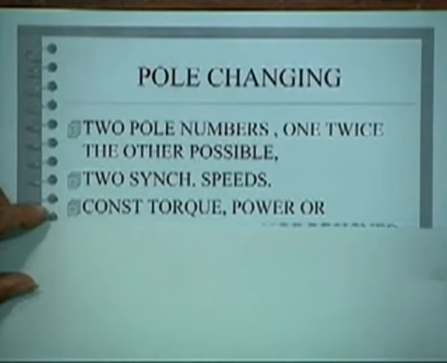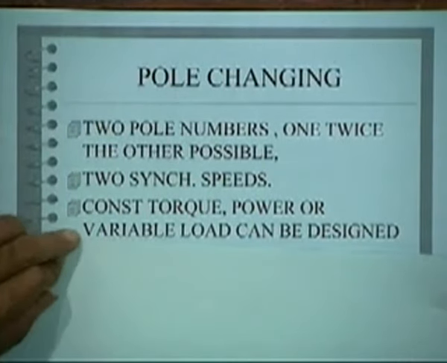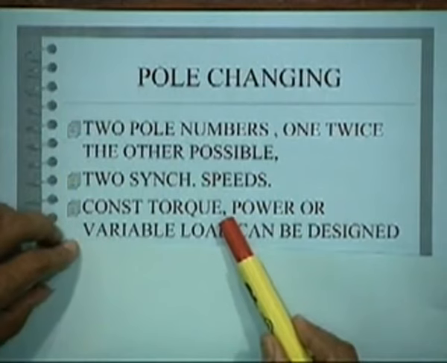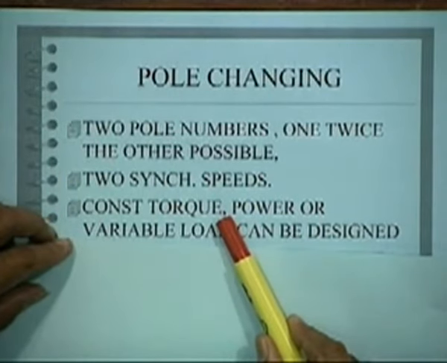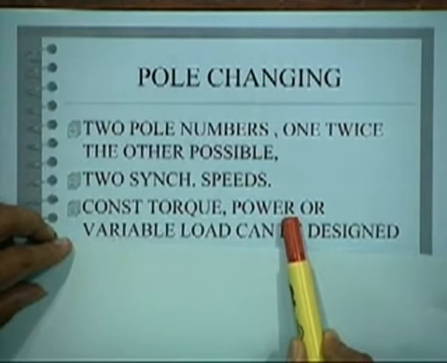And it can be operated in different possibilities. You can have a constant torque mode, that means at both speeds it can deliver constant torque, or a constant power mode, that means at both speeds it gives constant power, so at low speed high torque, at high speed low torque.